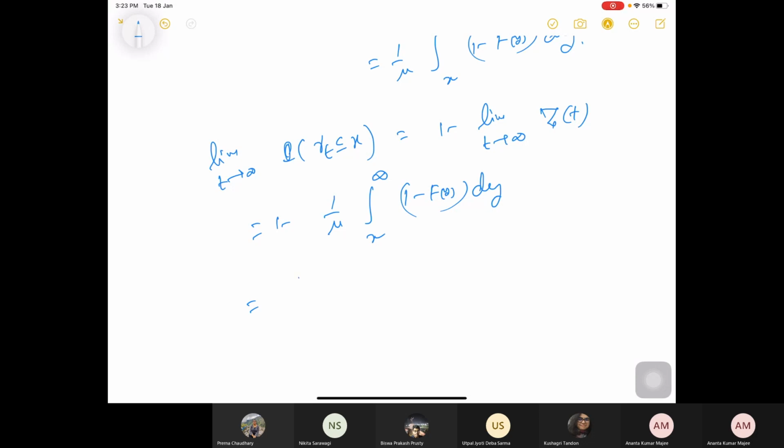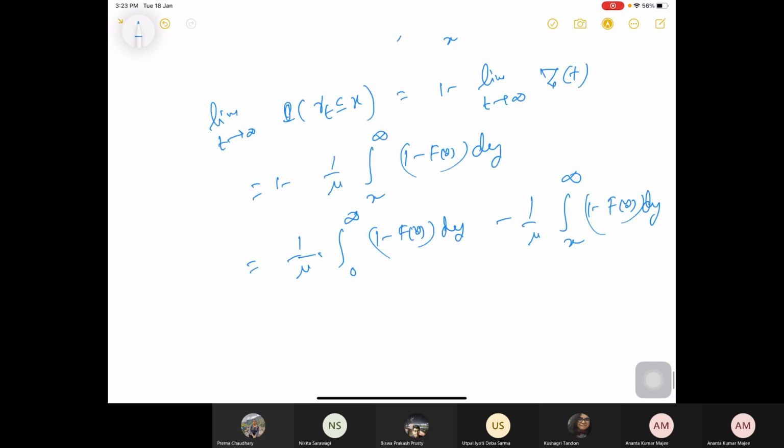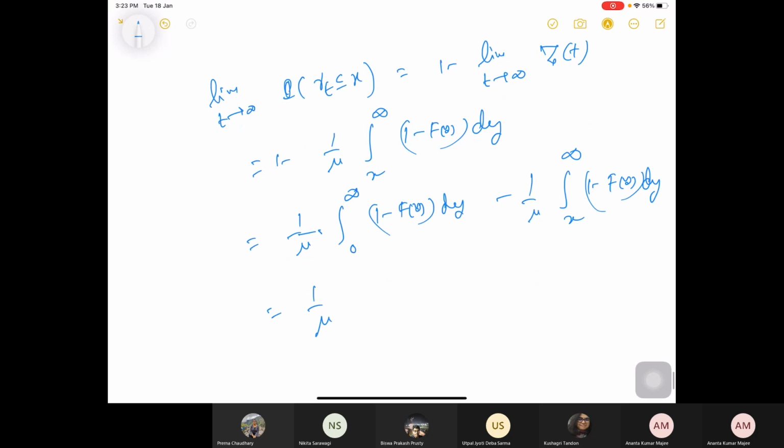Now, because I have already shown that mu is the integral from 0 to infinity of 1 minus F(y) dy, I can put 1 by mu times the integral from 0 to infinity of 1 minus F(y) dy minus 1 by mu times the integral from x to infinity of 1 minus F(y) dy, and then you see this is nothing but 1 by mu times the integral from 0 to x of 1 minus F(y) dy.